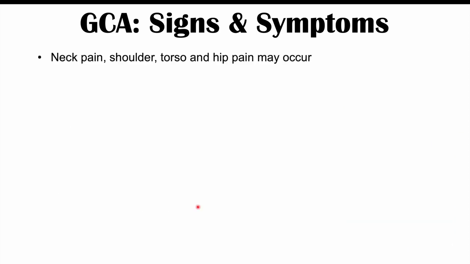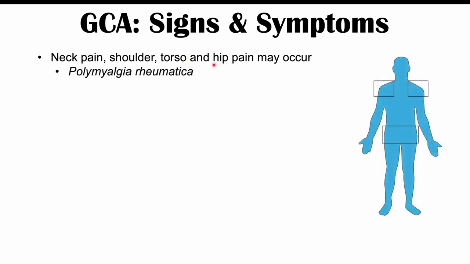Now, some other important signs and symptoms in this condition include neck pain, shoulder, torso, and hip pain. For those that have a medical background, pain in these sites may trigger a thought of a particular condition, and that condition is polymyalgia rheumatica. This is the condition we talked about before that has a lot of overlap with giant cell arteritis. This is actually the second most common initial symptom.